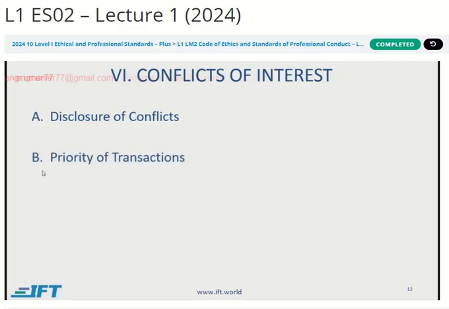6B is priority of transactions. When you execute investment transactions for your clients or for your employers, these must have priority over the investment transactions that you execute for yourself or for someone who is closely related to you. 6C, referral fees.